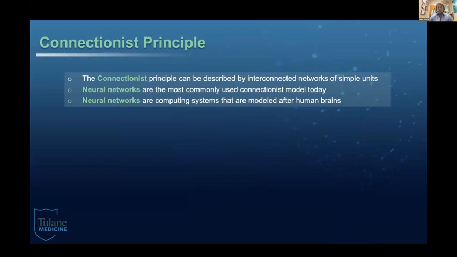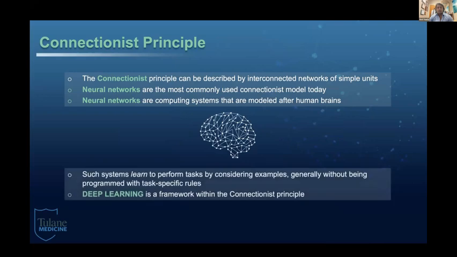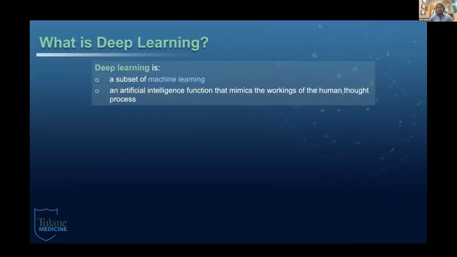The connectionist principle can be described as an interconnected network of simple networks. Neural networks are most commonly used in the connectionist model, and these computing systems are modeled after human brains. Such systems learn to perform tasks by considering a variety of examples. And deep learning is a framework within this connectionist principle utilizing backpropagation. So we look at deep learning.